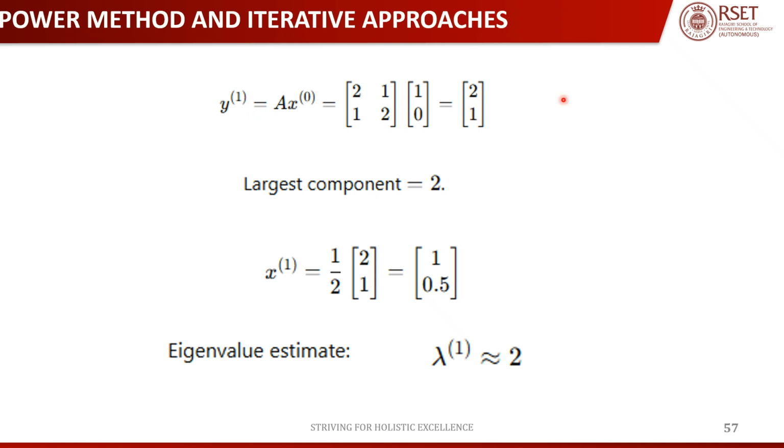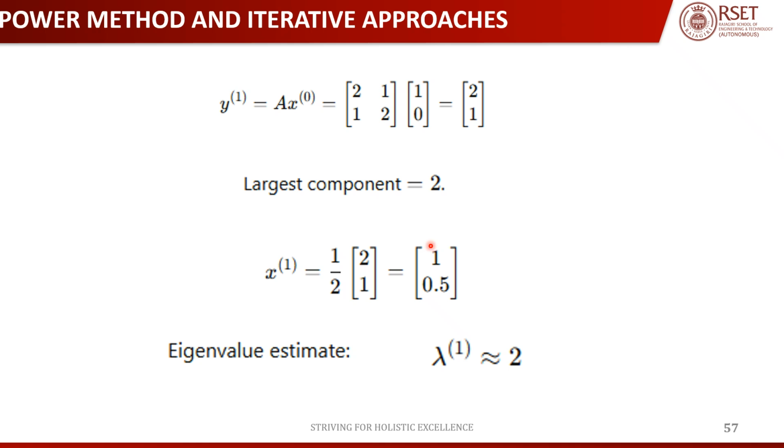Now we find alpha 1, which is the largest component of y1. Here we have 2 and 1, and among them the largest component is 2. So we choose this 2, and to get x1 we divide the entries of y1 by 2. So x1 is equal to 1 by 2 into (2, 1).